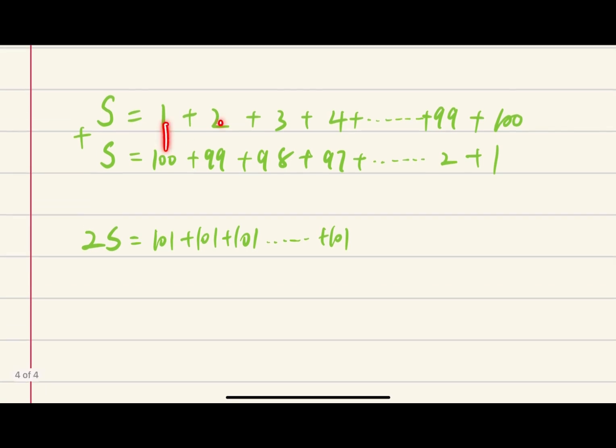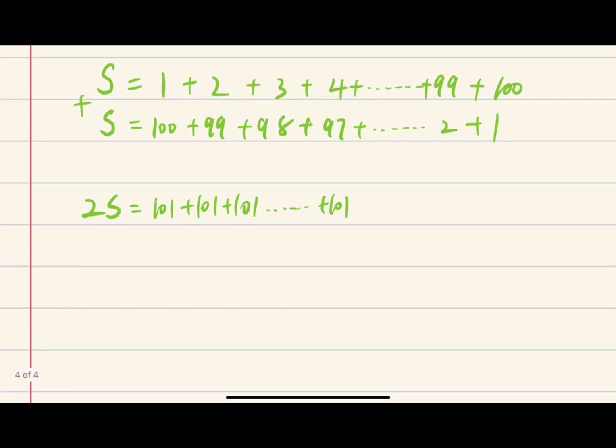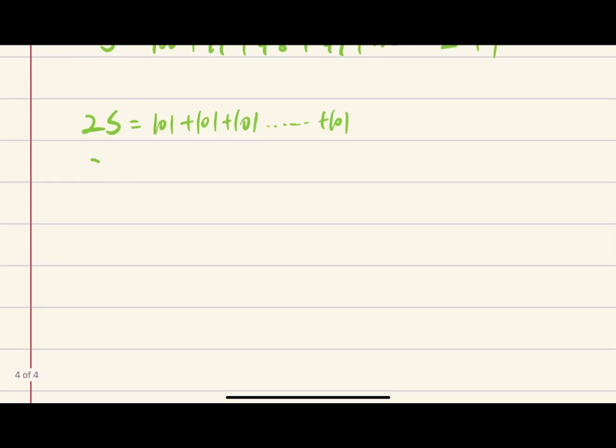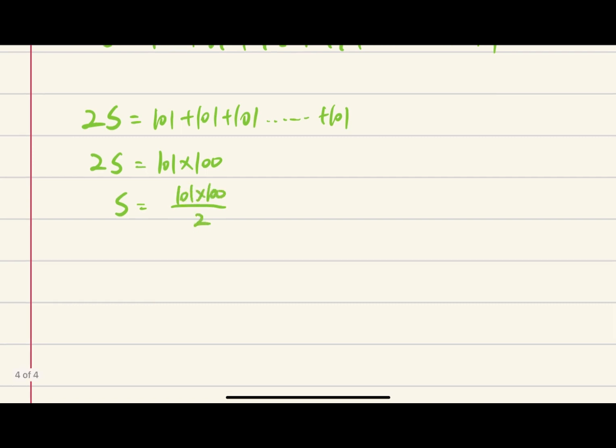That's 1, that's 2, that's 3, that's 4, and so on. We're going to find out that there are 100 of the 101s that we're adding here. Therefore, 2S equals 101 times 100. So S equals 101 times 100 divided by 2. And that's our answer here.